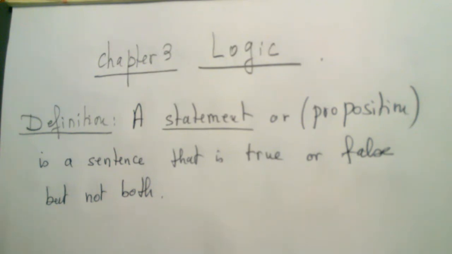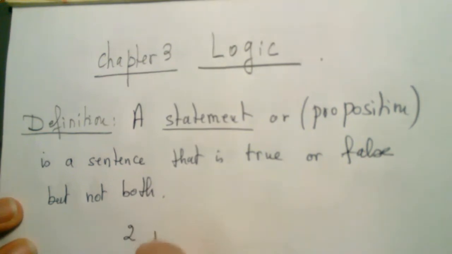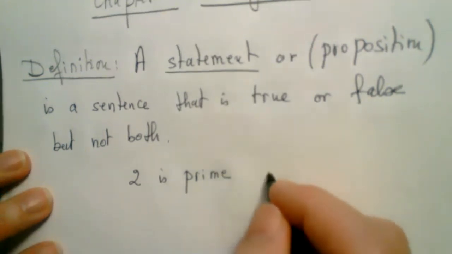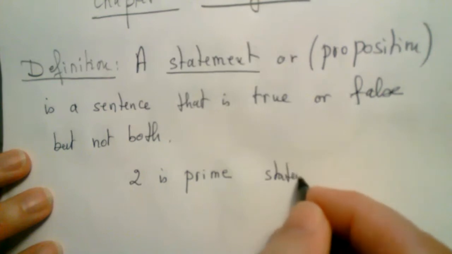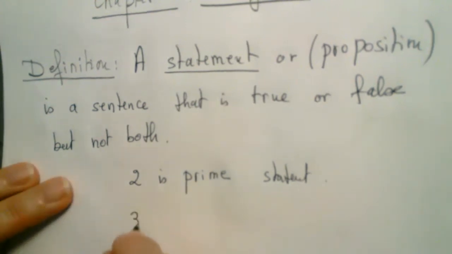So let me give you a very simple example. The number 2, sorry, is prime. It's a prime number. Is this a statement? It means, is it true or false? Quickly. True. True. That's a statement. Because you can give me the answer to it. You can tell me that, yes, this is a statement because it's true. All right, 3 is even.